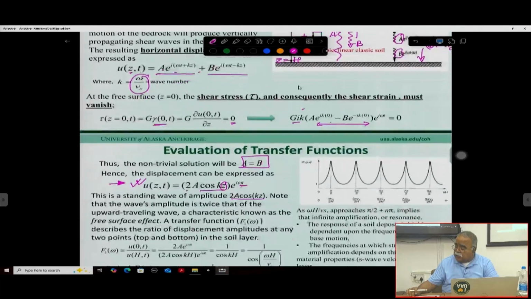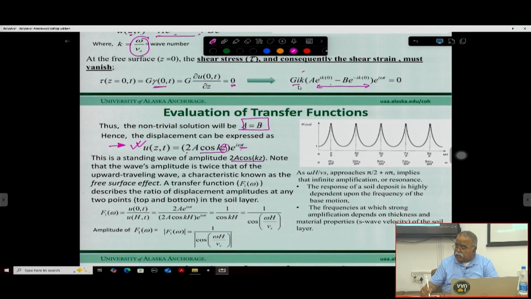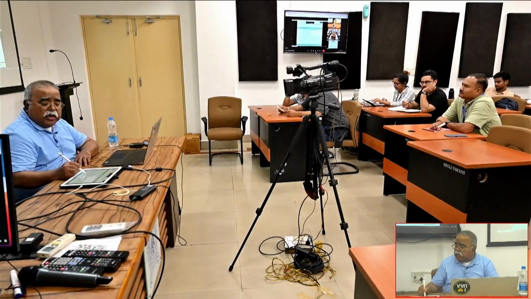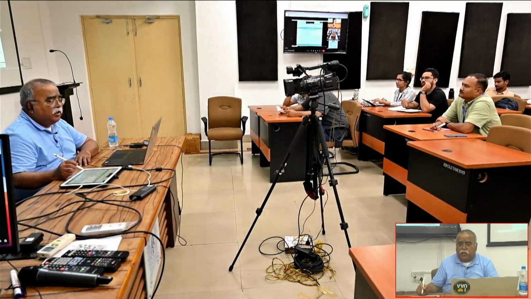So if you put the surface at g equals 0, the displacement u at g equals 0 and t, and at the depth, u at g equals h and t. If you put g equals 0 in this equation, cos 0 equals 1, so it is 2A e to the power i omega t, and if you put g equals h, then it is 2A cos kh into e to the power i omega t, right?